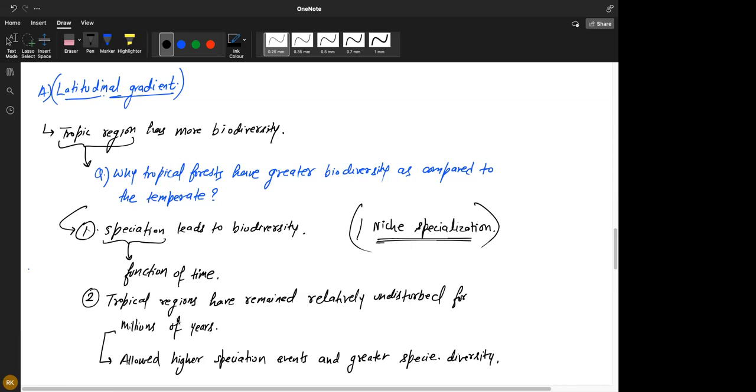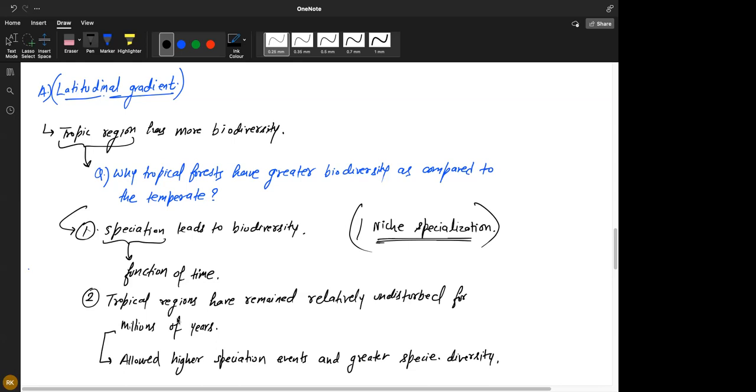Okay. So these two are the major direct factors that allow greater biodiversity in the tropical region. Another, you can say that because the tropical region is so comfortable for growth conditions of both plants and animals, it allows higher productivity.